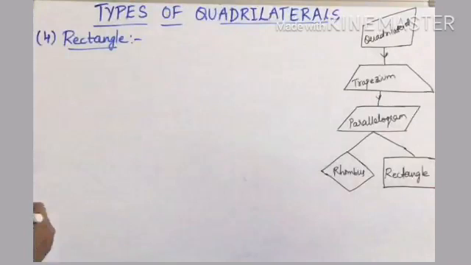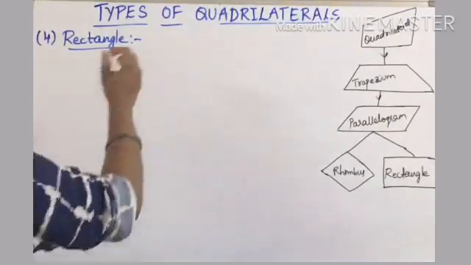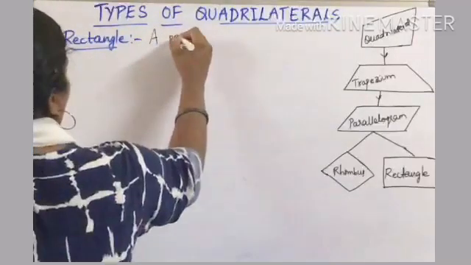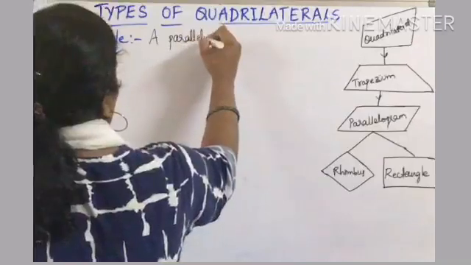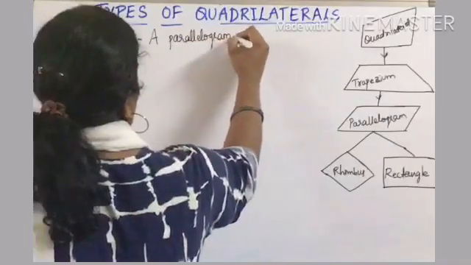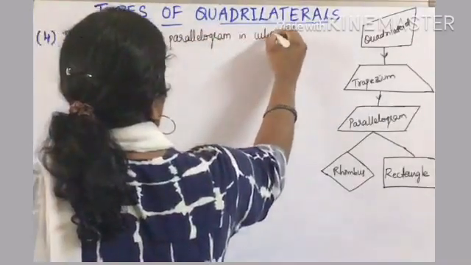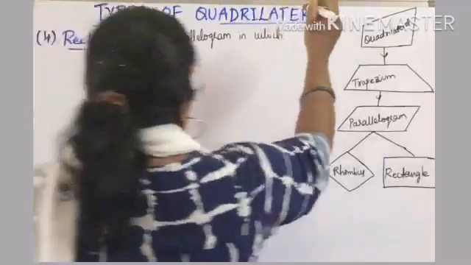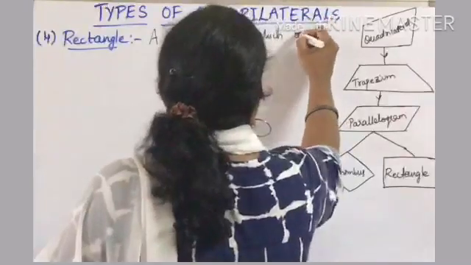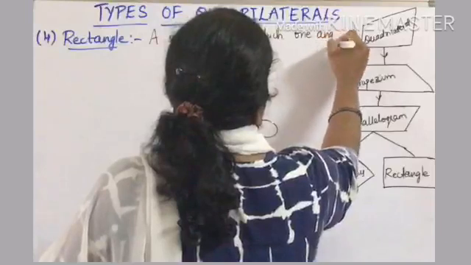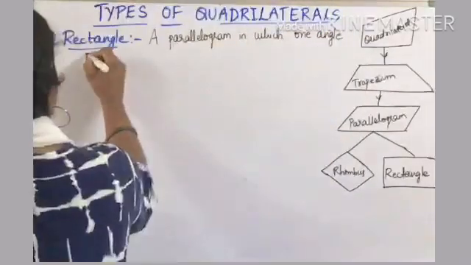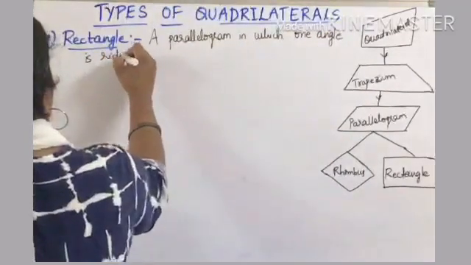So what is the definition here? A parallelogram in which one angle is right angle.